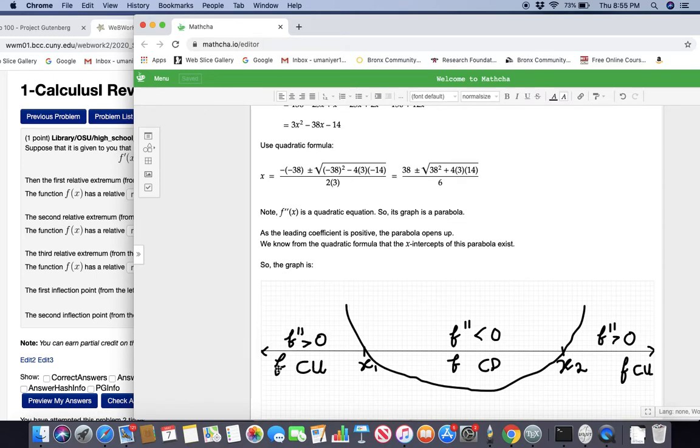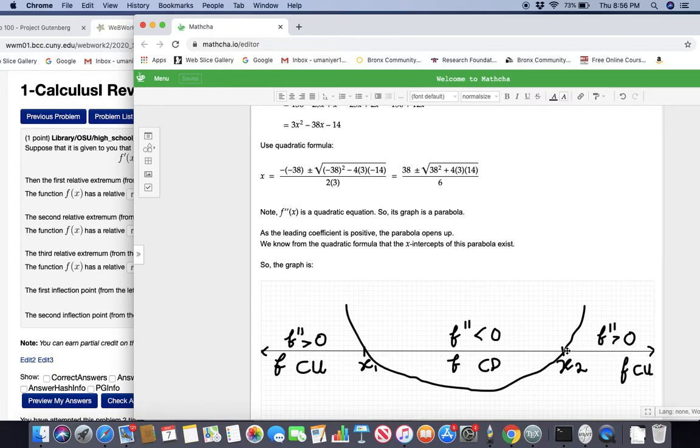Second derivative positive means f is concave up. Between x1 and x2, my parabola goes beneath the x-axis. That is, second derivative is less than 0. That is, my function f is going to be concave down on this interval.